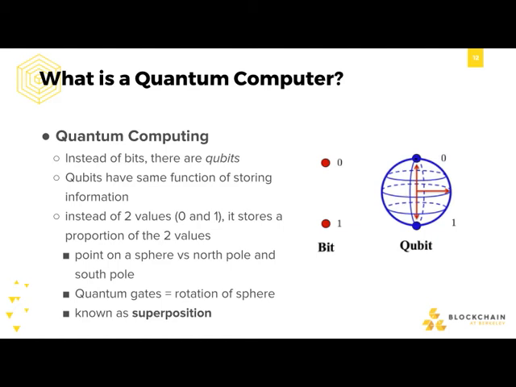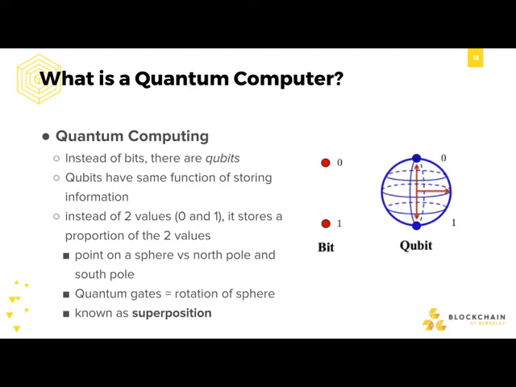A way to imagine this is a sphere. With normal bits, the sphere can only take on the values of the North Pole and the South Pole, which are the 0 and 1. But a qubit can be any point on or inside the sphere, so it can be a mix of 0 and 1.